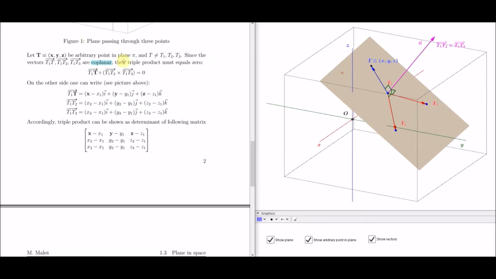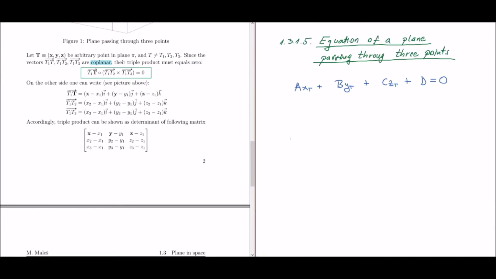As we have already learned, the triple product of coplanar vectors must equal 0. That means vector T1T dot product with the cross product of vectors T1T2 and T1T3 must equal 0.